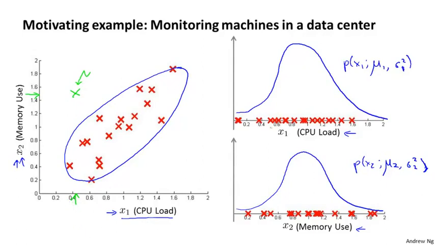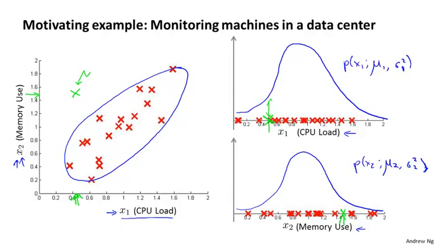Well, for the CPU load, it puts it at around 0.5, and this is a reasonably high probability, not that far from other examples we've seen. Whereas for the memory use, it's about 1.5, which is again out towards the tail of the Gaussian, but the value here is not that different from many other examples we've seen.